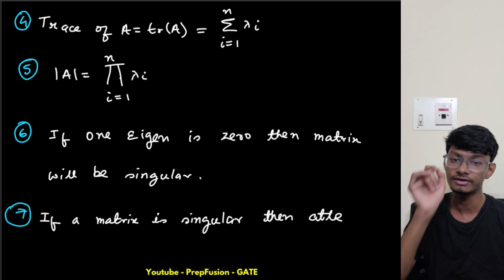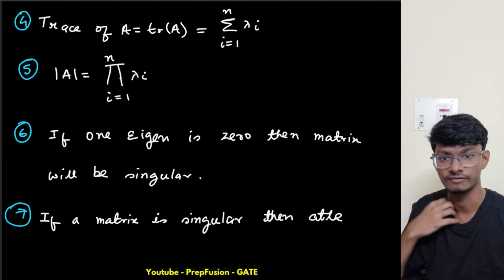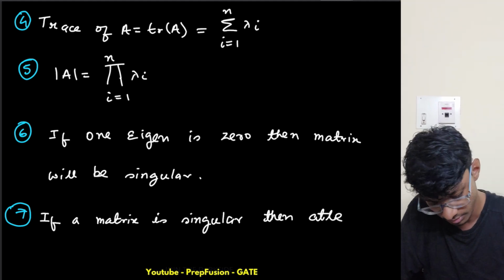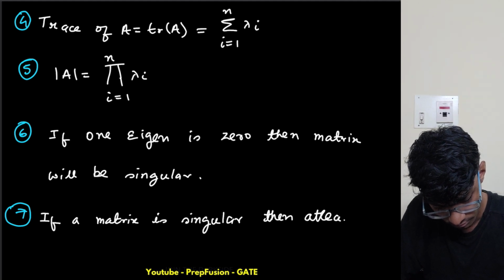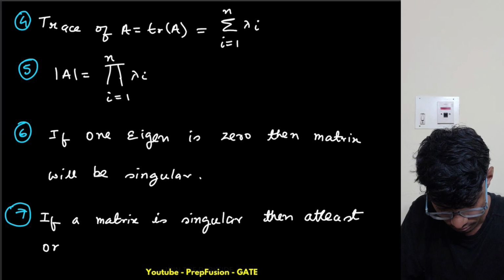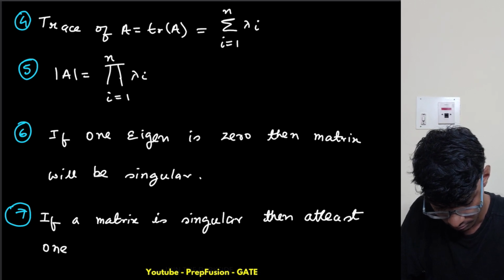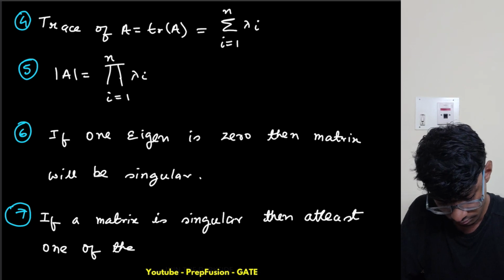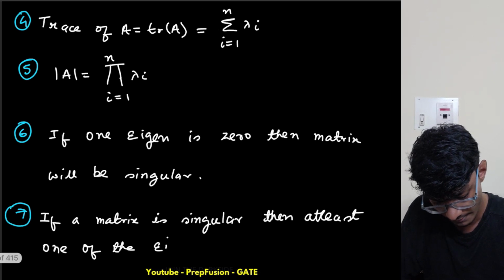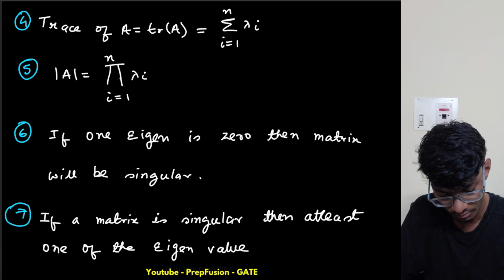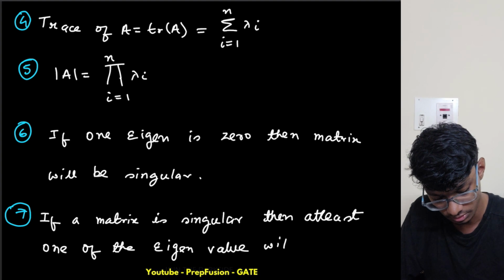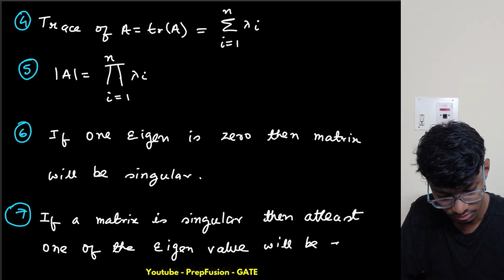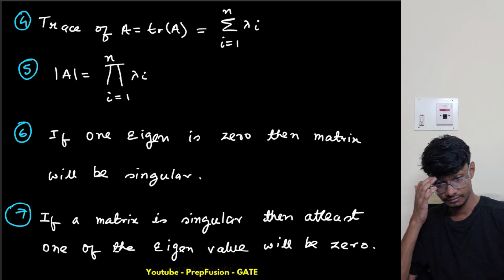So at least one of the eigenvalues will be 0, but there can be more eigenvalues that are 0. Let me write this better.